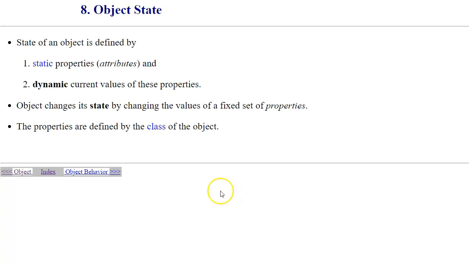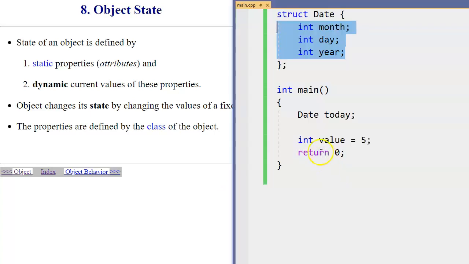Object state is a set of its data attributes and a set of the corresponding values that these attributes currently contain. So here in this little example we had a variable named today, which type corresponds to this data structure named date.